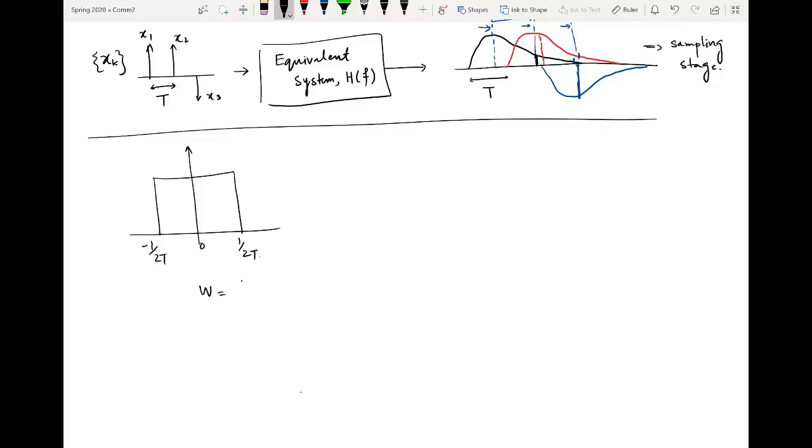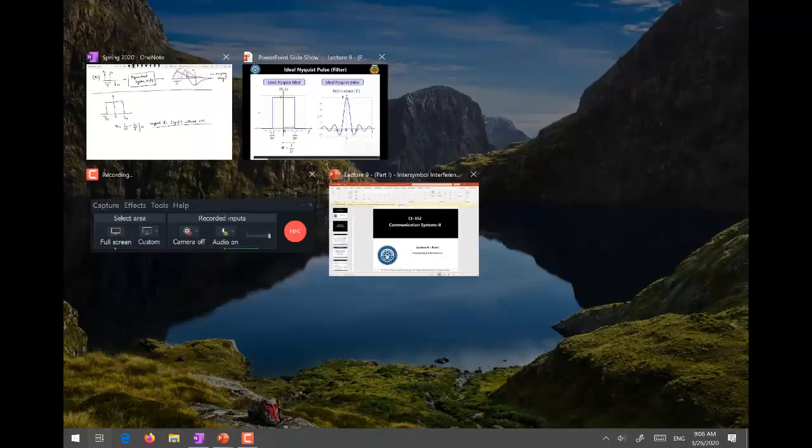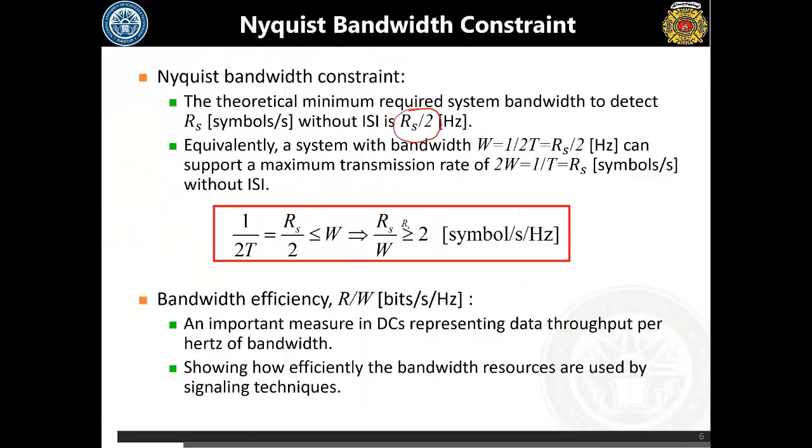So W is equal to 1 over 2T, and this is equal to Rs by 2. It means if the system bandwidth is this one, we can support Rs symbols per second without ISI, right? So in other words, we can also say that W, the system bandwidth, must be greater than or equal to Rs by 2.